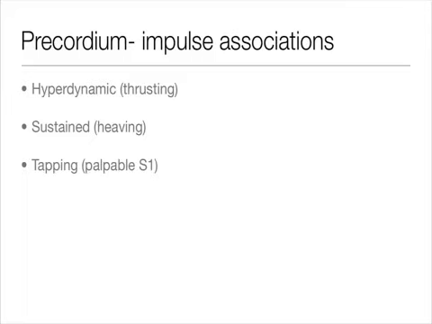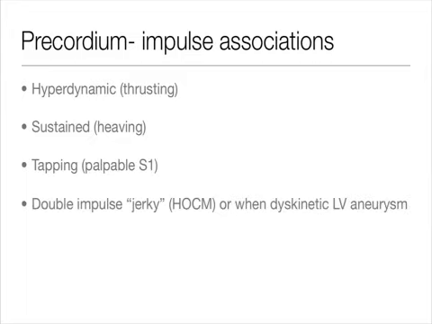What I mean by mobile mitral stenosis is that the valve leaflets are able to move, and they then create this loud first heart sound. In immobile mitral stenosis, the valve leaflets do not move, and you may not get a loud heart sound at all. A double or jerky cardiac impulse is seen in hypertrophic obstructive cardiomyopathy, or where there's severe dyskinesia. This could be due to a left ventricular aneurysm.